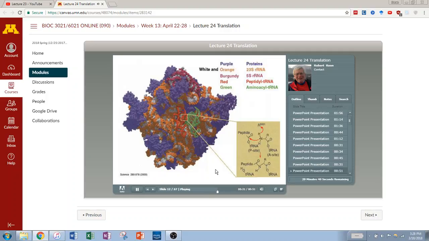Thus, peptide bond formation is most likely catalyzed by ribosomal RNA without the direct involvement of any catalytic protein. It's been speculated that primitive organisms may have used only RNA to catalyze protein synthesis, and that the ribosomal protein components were added later in evolutionary history.